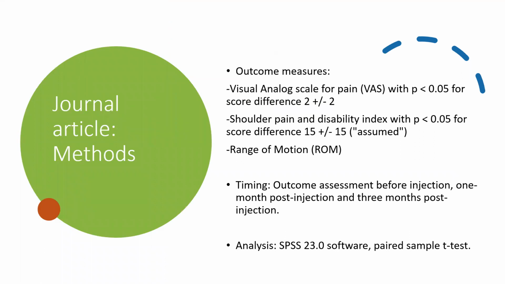The authors used 3 outcome measures: visual analog scale for pain with a score difference of 2 and standard deviation of 2 reaching significance, shoulder pain and disability index with a score difference of 15 and a standard deviation of 15 reaching significance, and range of motion of the shoulder, including flexion, abduction, internal, and external rotation.